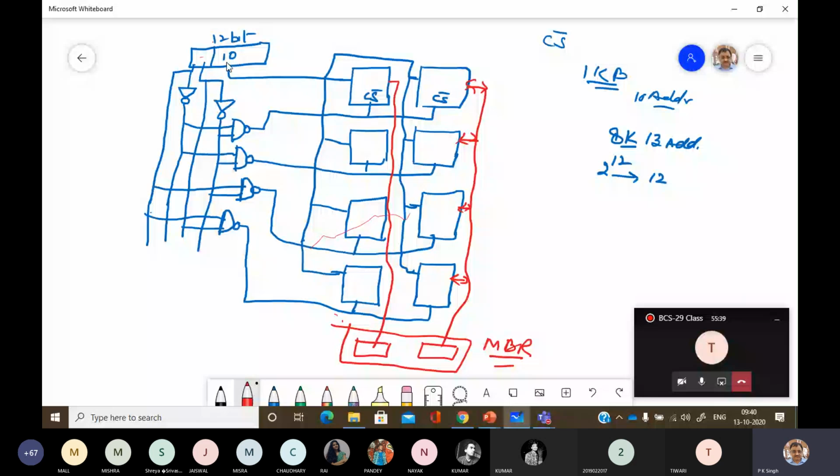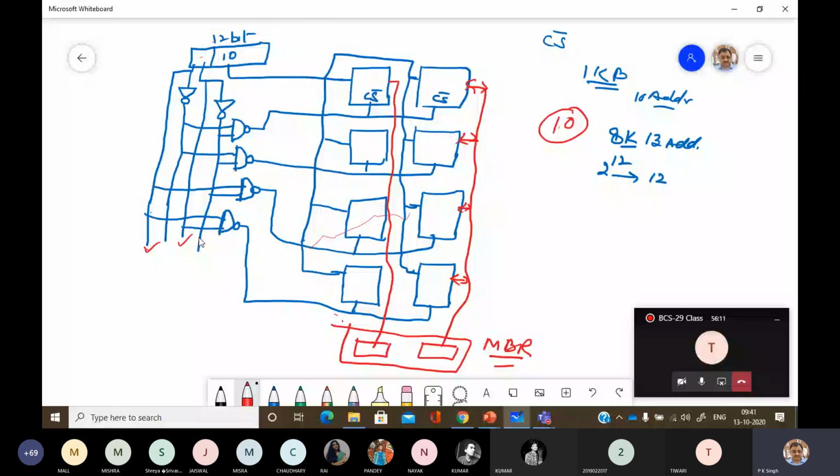The least significant 10 bits are directly connected to each memory cell, so it will make a particular cell active in each chip. But suppose the most significant 2 bits are 10. Means this line is 1 and this line is 0.